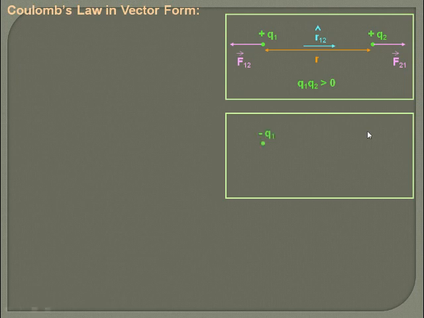Okay, now consider we again have two charges q1 and q2. This time the charges are also of the same polarity but of negative polarity. We again define a unit position vector r12 from charge q1 to q2. Again, since both charges are of the same polarity, the force will be repulsive.